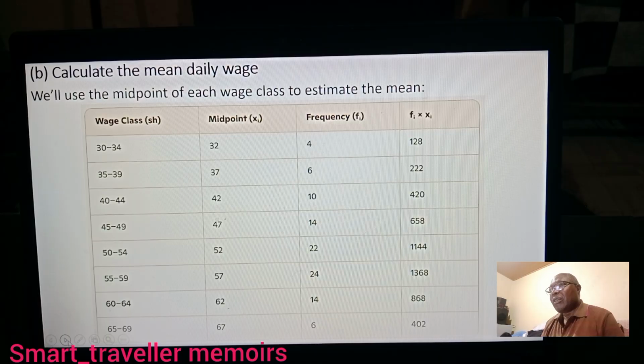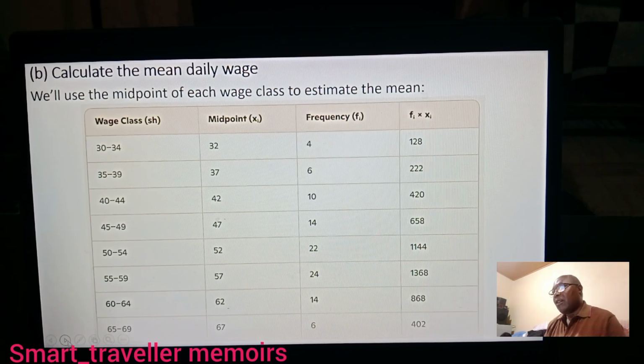You add 30 plus 34, you get 64, you divide by 2, and you do the same to all these: 35 to 39, 40 to 44, 45 to 49, 50 to 54, 55 to 59, 60 to 64, and 65 to 69. When you do that, you are going to get the midpoints, and these are 32, 37, 42, 47, 52, 57, 62, and 67.